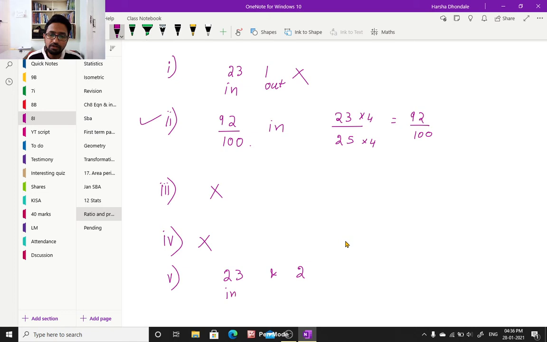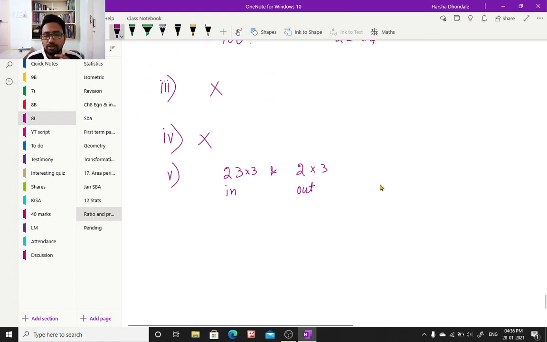Now 23 into 3 gives me 69 and 2 into 3 gives me 6. So 69 in and 6 out. This follows the same proportion: 23 is to 2 is in proportion with 69 is to 6. So therefore this statement is also correct.